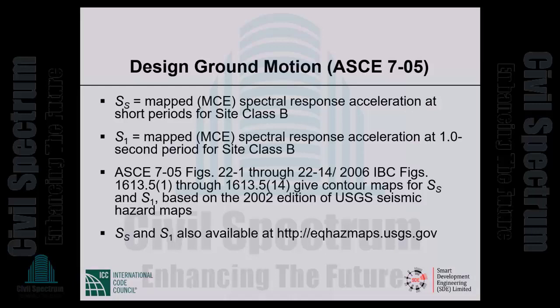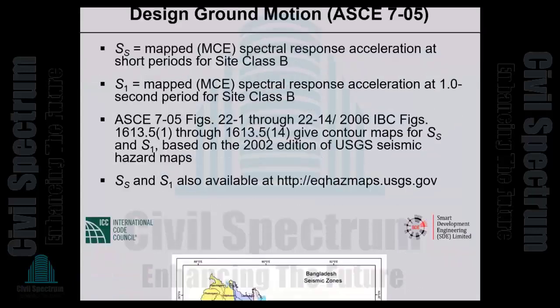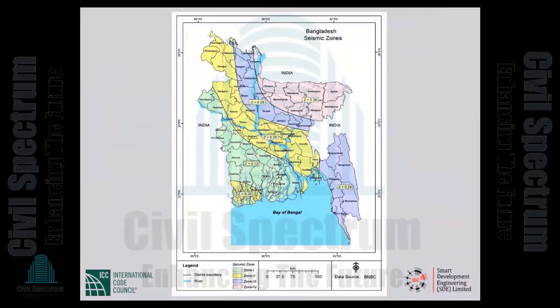It is also for site class B. For any US location, you can get those quantities S sub S and S sub 1 from the US Geological Survey website, or in the old days, there used to be paper maps in AC7 and in the IBC. Now ASCE issues something called a hazard tool from which you can get those values, S sub S, S sub 1.